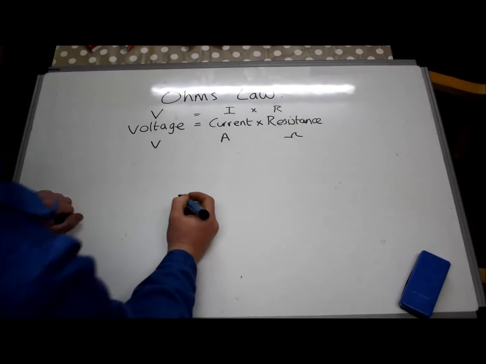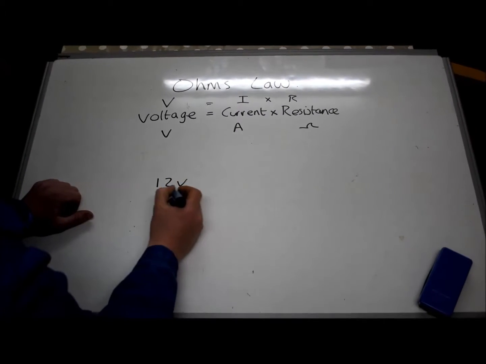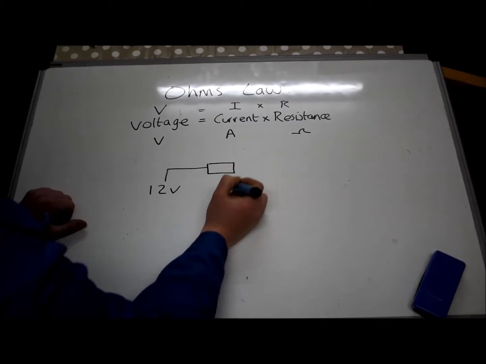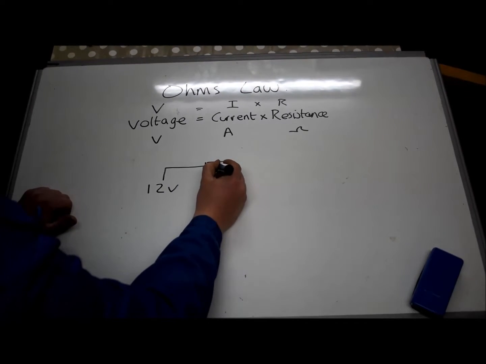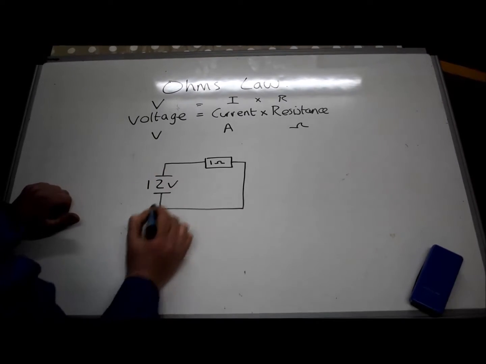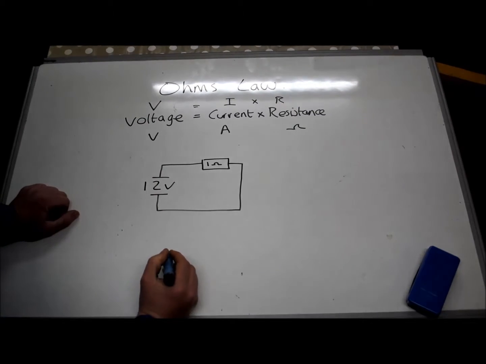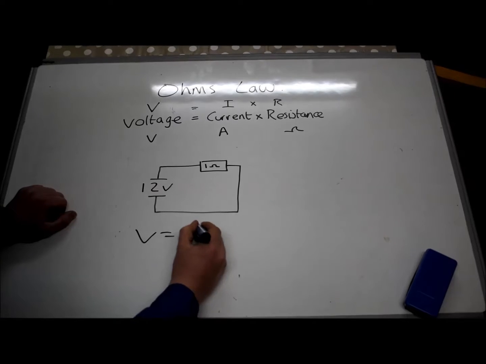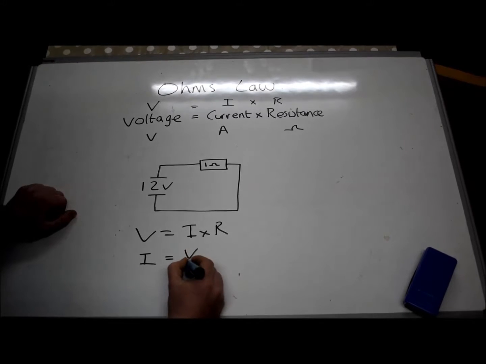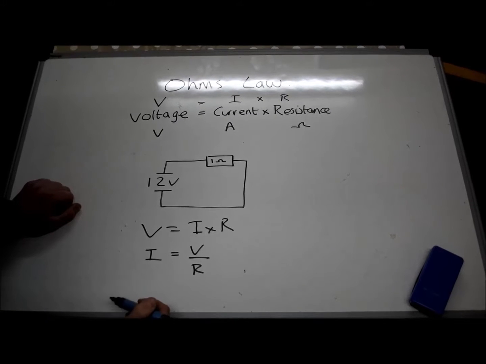If we apply that to quite a simple circuit with just a power supply of maybe 12 volts with one resistor of, let's say, 1 ohm, then the current in this circuit, by rearranging V equals IR, will be I equals V divided by R, by moving the resistance underneath the voltage.